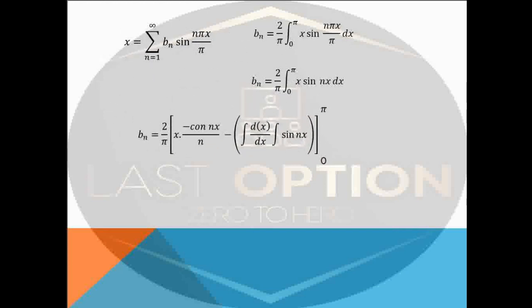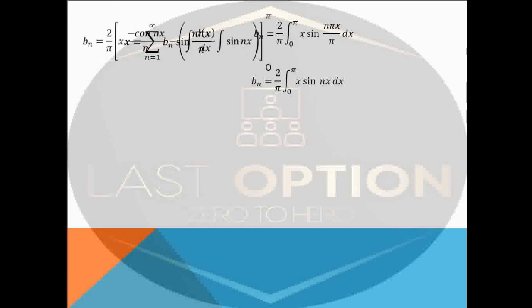And here we use the multiplication rule of integration, or integration by parts, in which we decide two functions, and on integrating we put the first function as it is, in integration of the second, minus the integration of the differentiation of the first into the integration of the second.